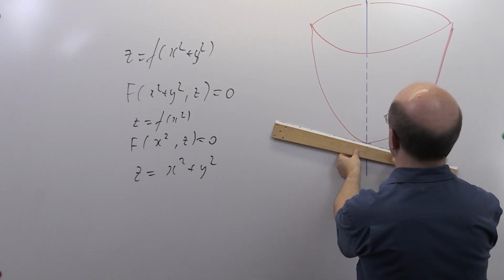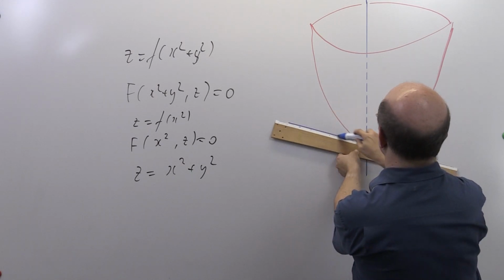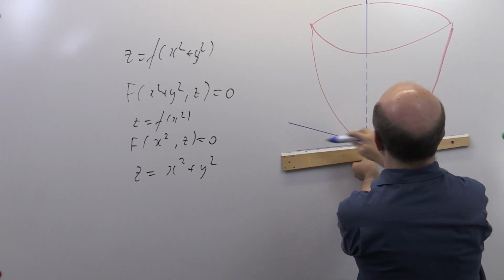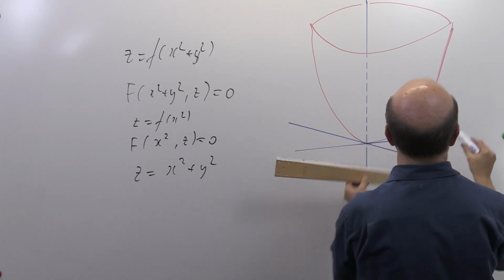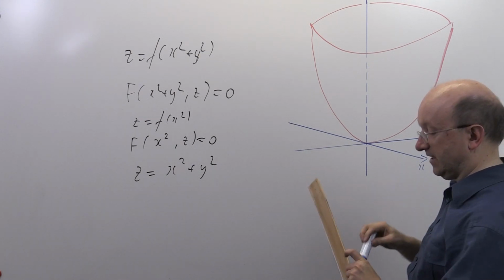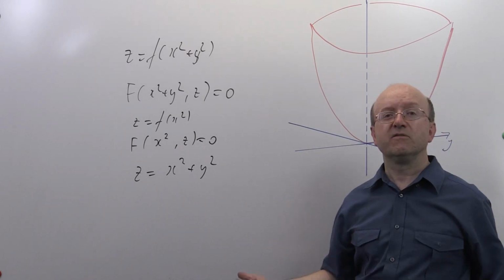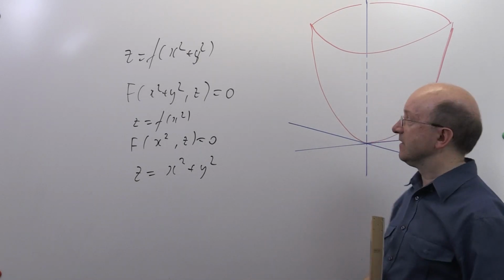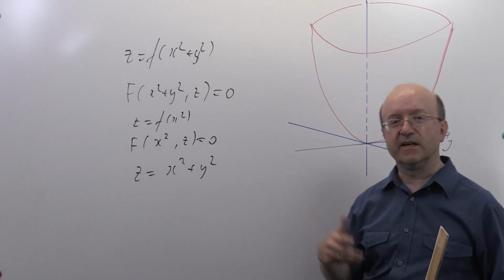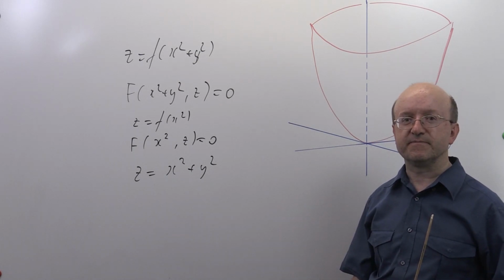I mean, if you'd only drawn that, if you'd missed the axis off or just drawn it lightly, this is a very easy thing to do. X-axis, y-axis, z-axis, and that's my paraboloid of revolution. Not perfect, but good enough for what we're going to do. There might be cases where you're going to have to do more fiddling around with dashing bits of the axes, but that's usually pretty obvious.